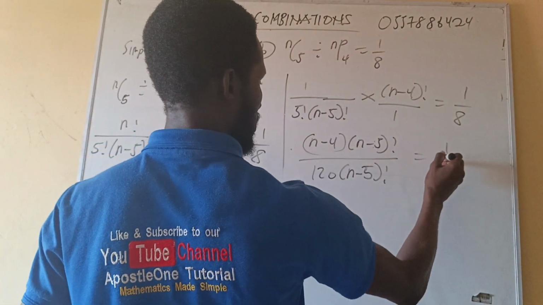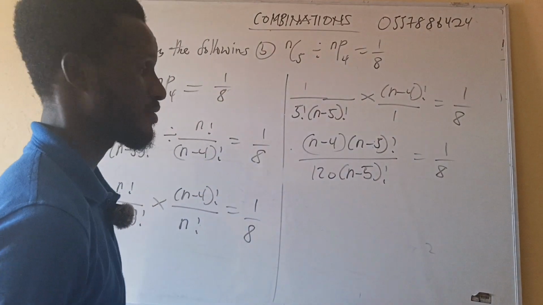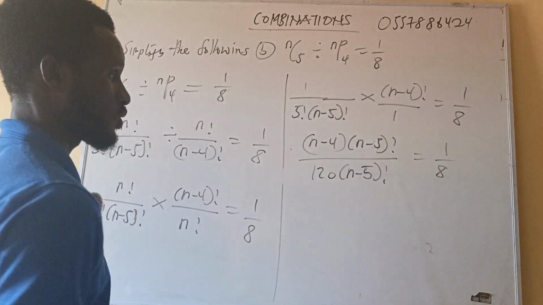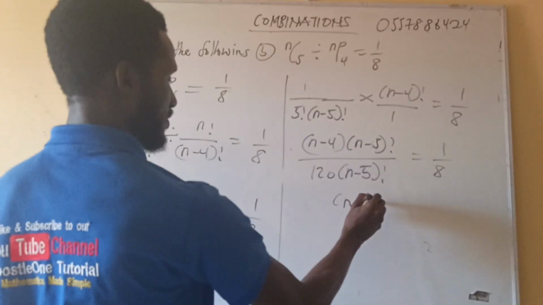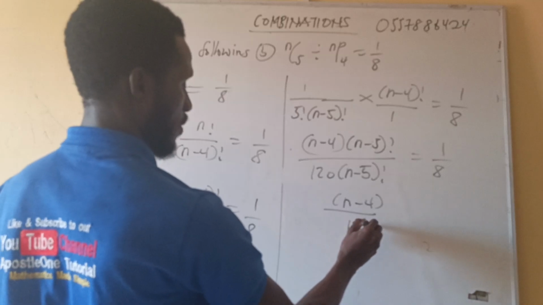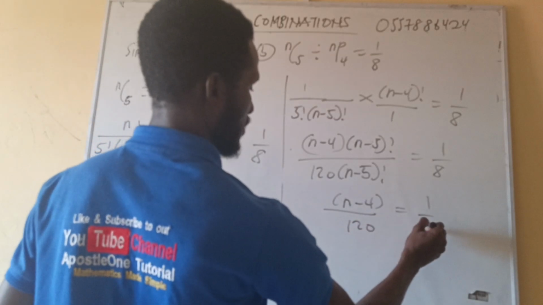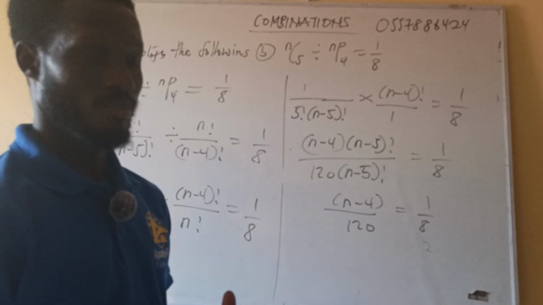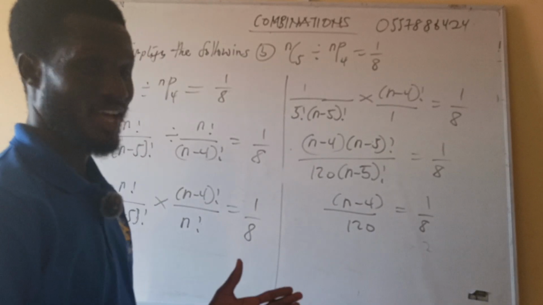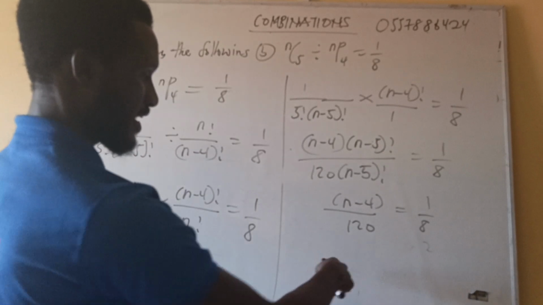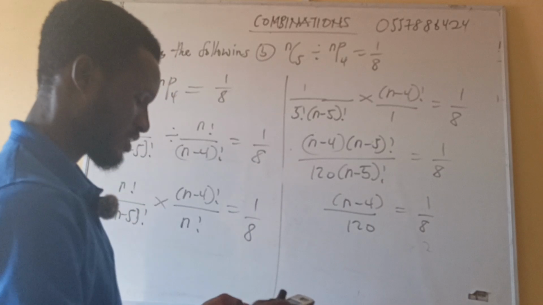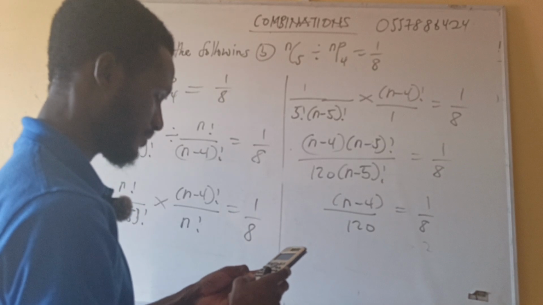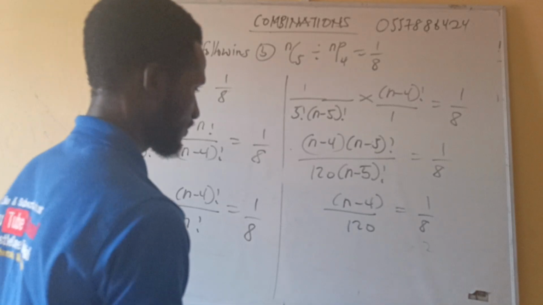Now this one is equal to 1 out of 8. Now n minus 5 factorial cancels n minus 5 factorial. We're going to have n minus 4 all divided by 120 equal to 1 out of 8. You see how simple it is? Yes. It is as simple as that. Now can 8 go into 120? Let me see. 120 divided by 8, 15.